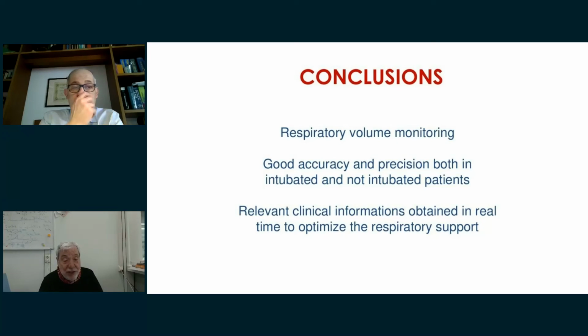But if you have the esophageal pressure together with the mechanical ventilation, the tidal volume, and respiratory rate, you may compute the summary variables, the mechanical power ratio. So you have a complete monitoring of the state of your patient. So I strongly suggest measuring esophageal pressure. If this had been done in COVID at the beginning, maybe some of the mistakes we probably made could have been avoided.